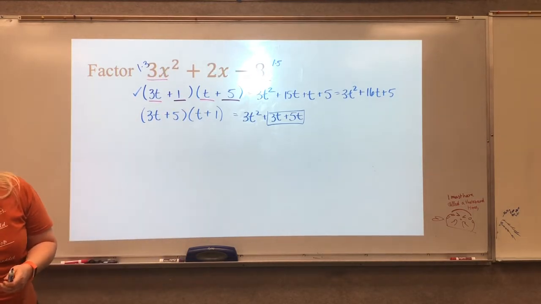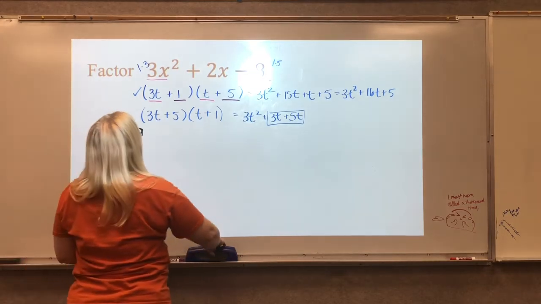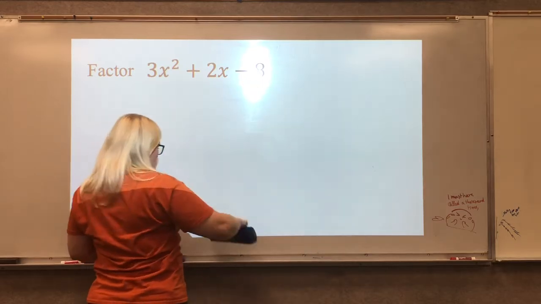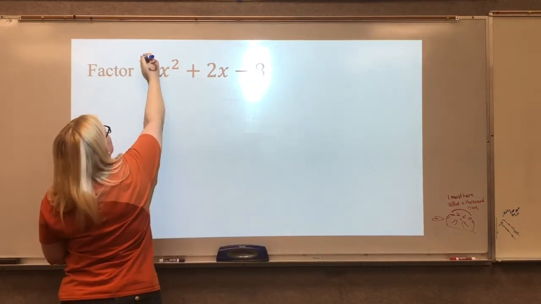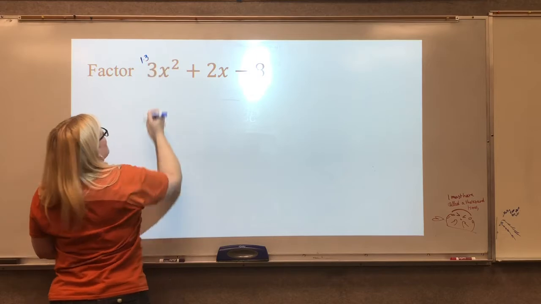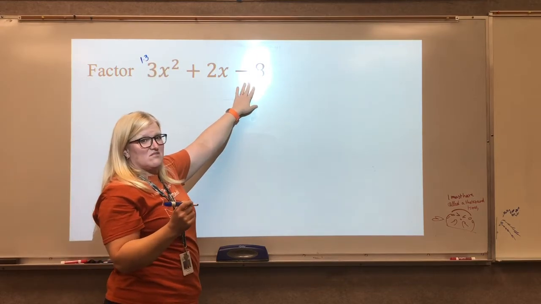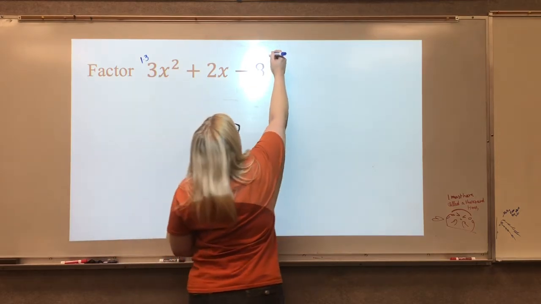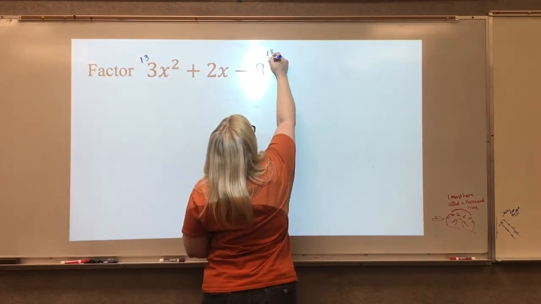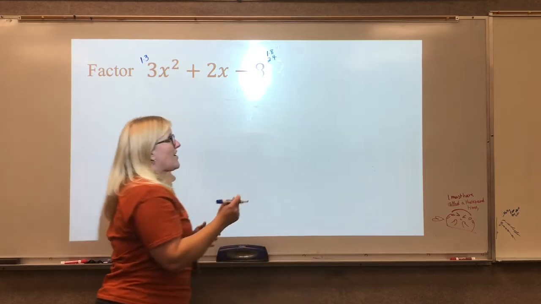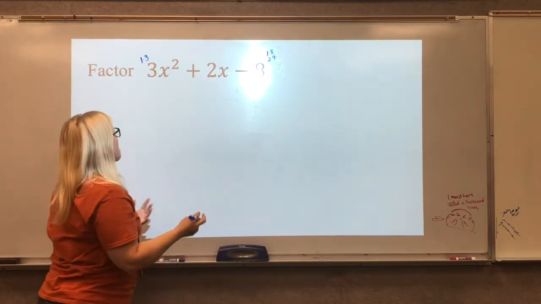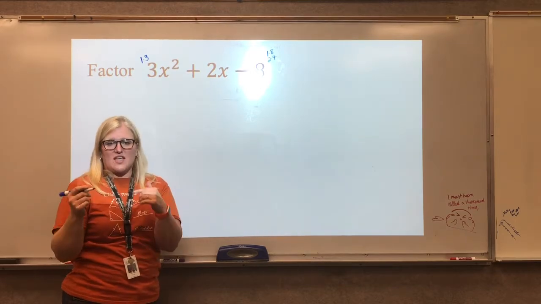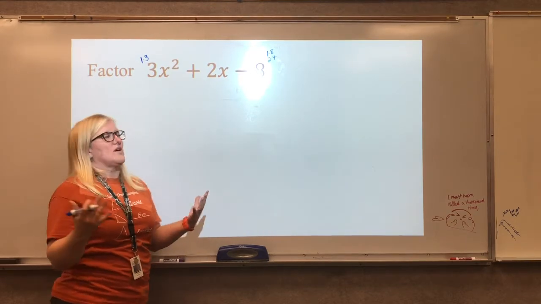Let's look at another one that isn't quite as simple. This one, we have 1 times 3 again here, but this time we have more than just a prime number. So I've got 1 times 8 I could try, and I have 2 times 4 I could try. So I've got a lot of different options. Instead of writing down all my options, I'm just going to try different ones.